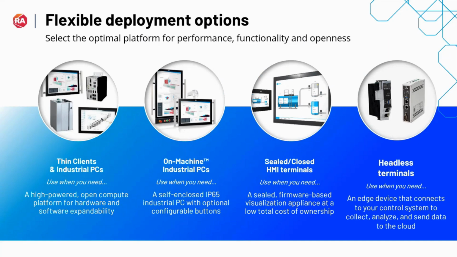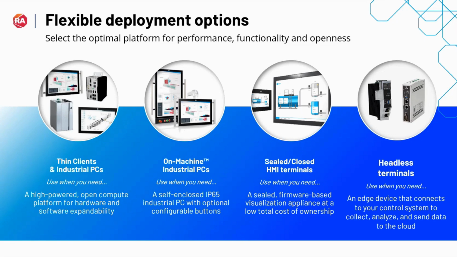Now, in terms of hardware, as I might have mentioned earlier, Optix is primarily software, and your hardware is your choice. You could deploy this to an industrial PC if you need additional or higher specifications to run a complex application. You could run on a thin client if you already have Thin Manager installed.